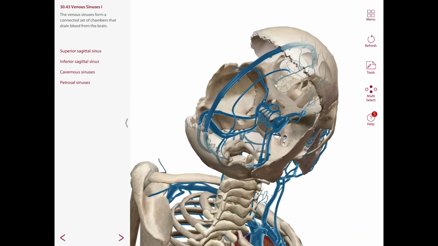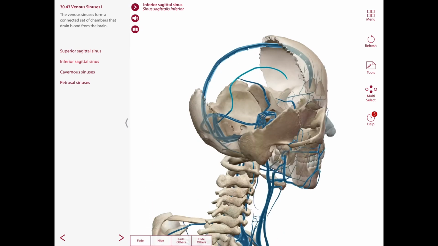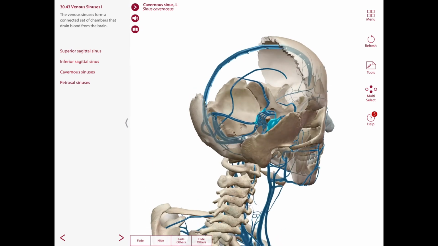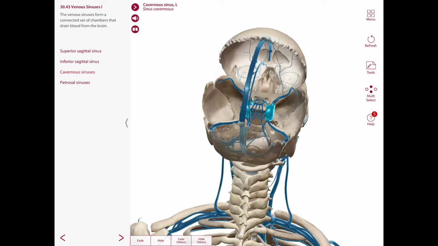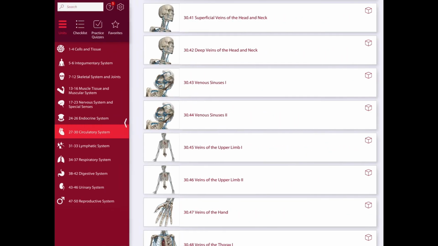Inside the skull, we have certain venous sinuses. So these venous sinuses form a connected set of chambers that drain blood from your brain. So here we have the superior sagittal sinus, the inferior sagittal sinus. We have the cavernous sinuses, and we have the petrosal sinuses.